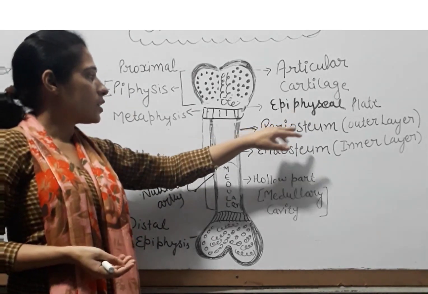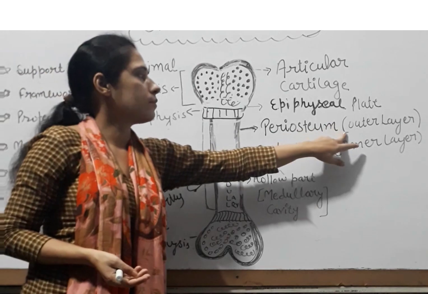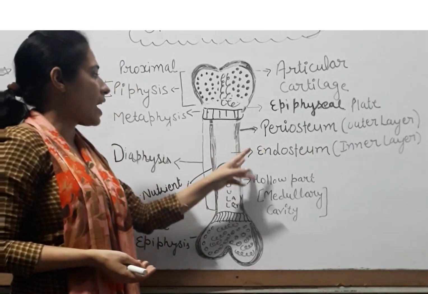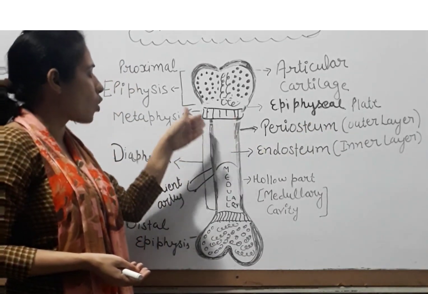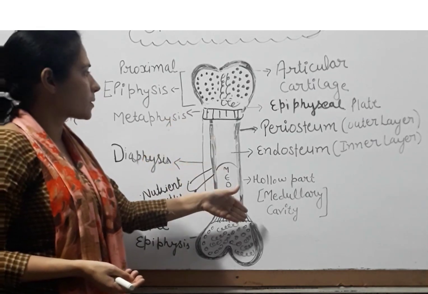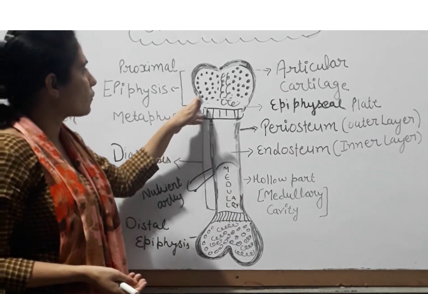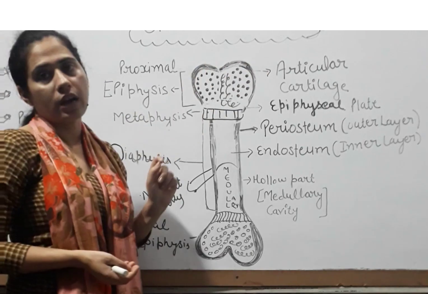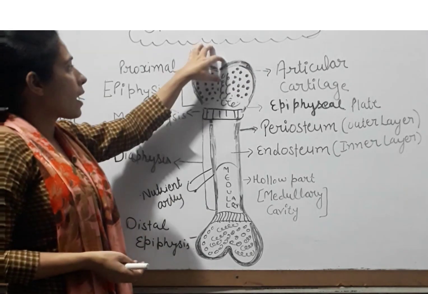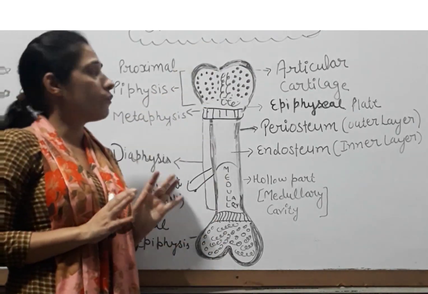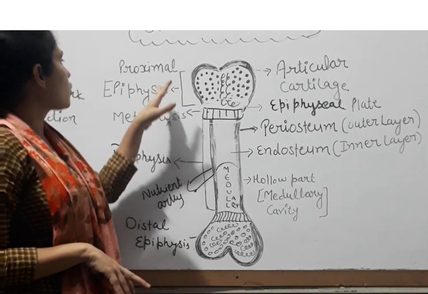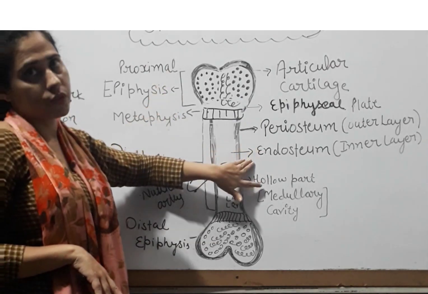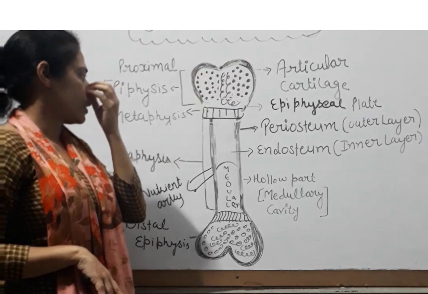This periosteum is present only on the diaphysis part. When it goes upward, it is replaced by articular cartilage. It means on the epiphysis there is no periosteum, only articular cartilage.